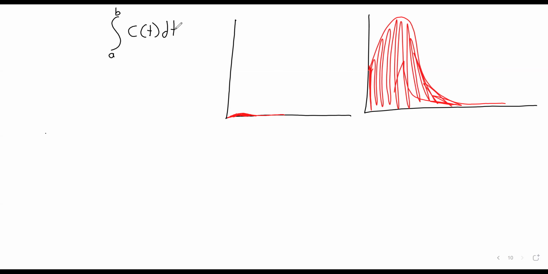So we need an integral. And we don't have an equation. We don't have anything that we can hit with the fundamental theorem of calculus. But we do have this table of data, and this is all that we need to use the trapezoidal rule.